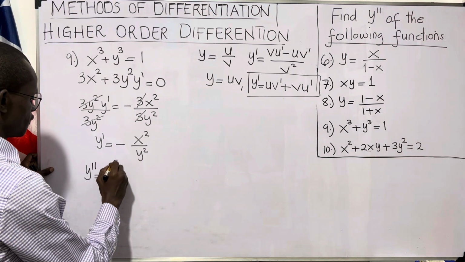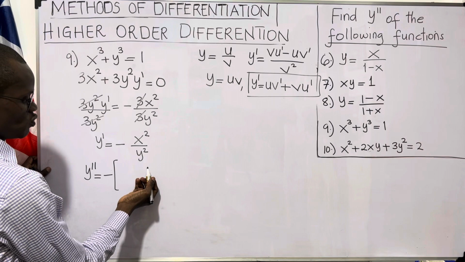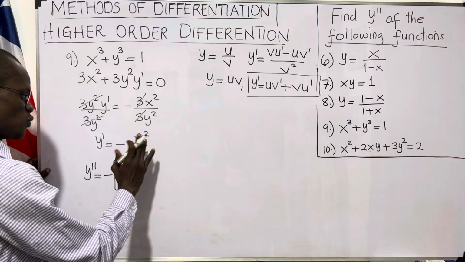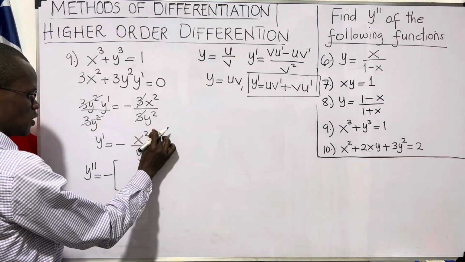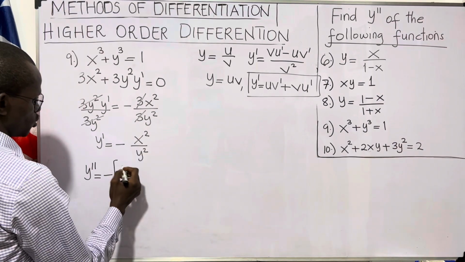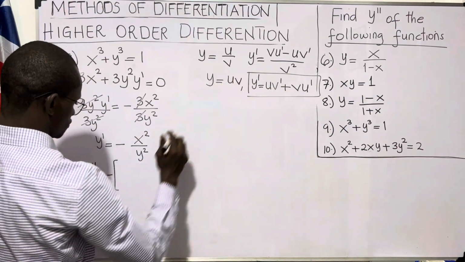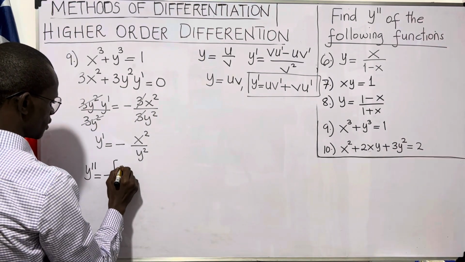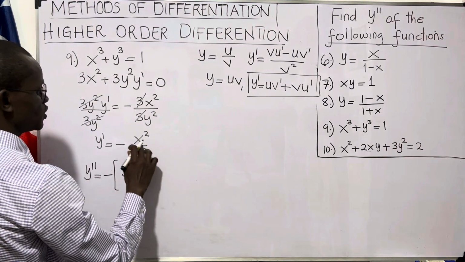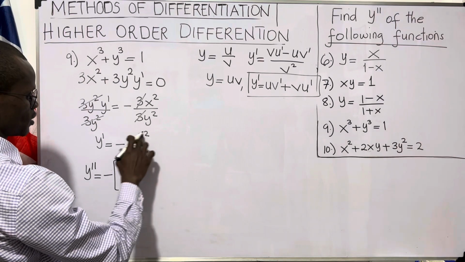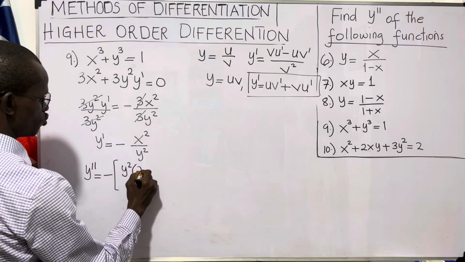Hold on to the negative. We use the quotient rule. We could also decide to use the product rule. If we send this term in the numerator, we can use the product rule. So using the quotient rule says we must hold the denominator first. So this is y squared times, we differentiate the numerator. The derivative of x squared is just 2x.